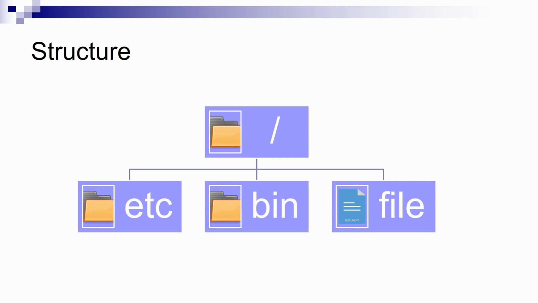At the top you always have the root, which I guess you could consider like a folder or a container of sorts. And exactly under this root you will find your top level folders like etc and bin, and you can also have different files.